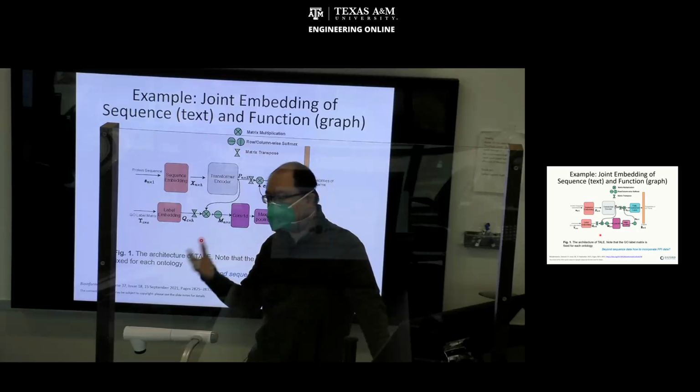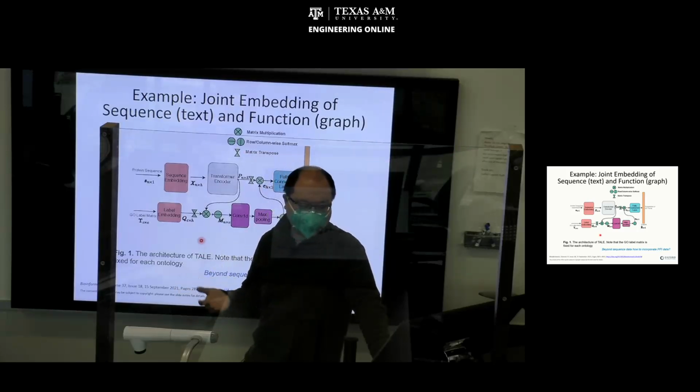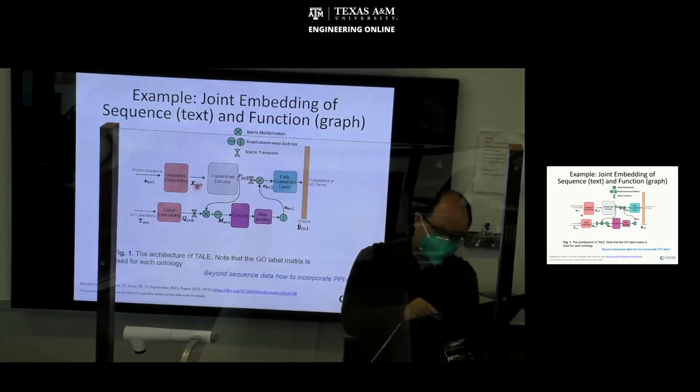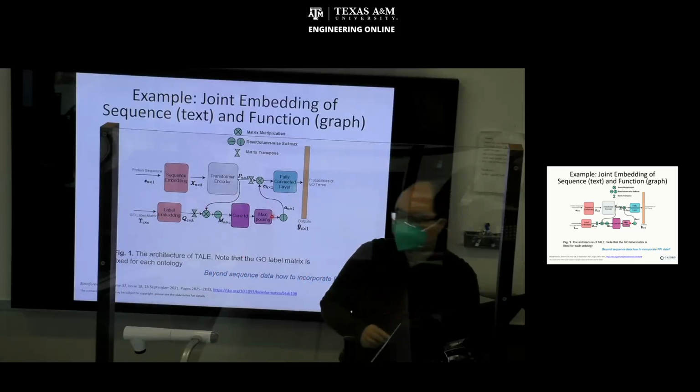It's also encoded in the protein interactions and so on, right? And expressions. So a quick question for you: here I'm embedding the individual protein sequences and a constant label matrix, okay? How do I incorporate the protein-protein interaction data into this framework?